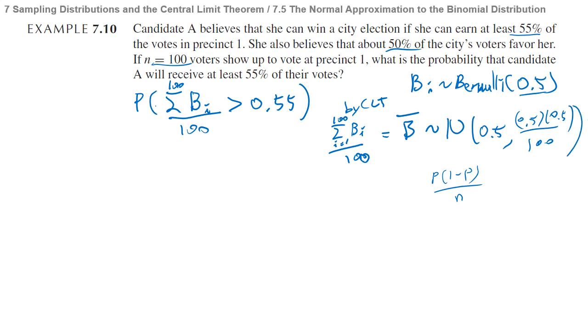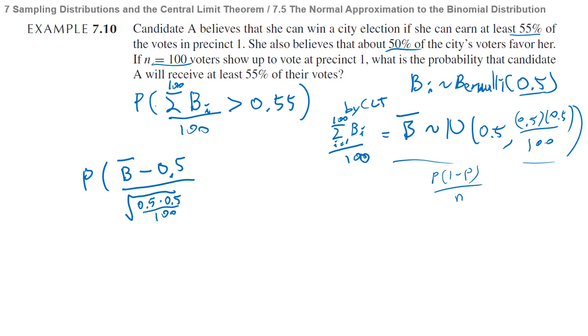Okay, so let's use this from here. The probability of (B bar minus 0.5) divided by the square root of 0.5 times 0.5 divided by 100.